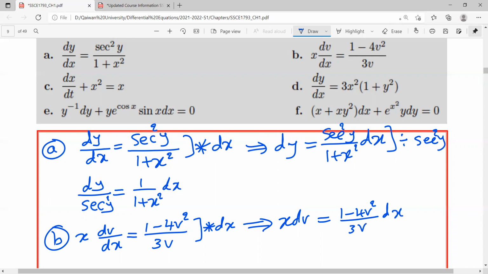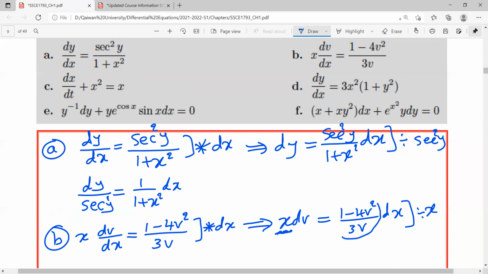And now we must have only x terms with dx, and only v terms with dv. We have this x here. How to remove this? We divide both sides by x, to remove this x term with dv.